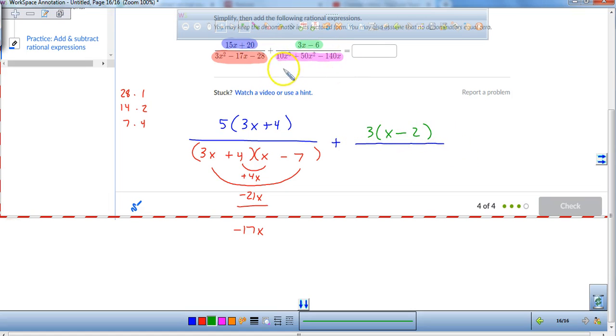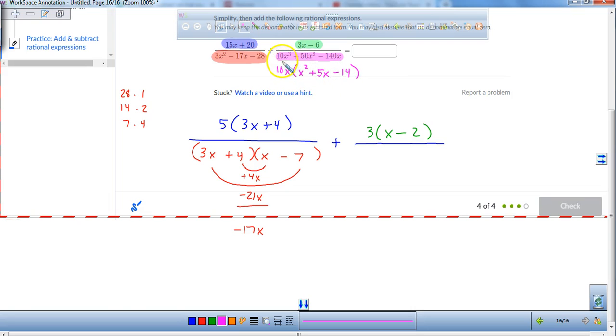And on this one, we are going to divide everything by 10 and an x. So here's what I'm going to do real quick. I'm going to put a 10 and an x. And this is going to leave x squared plus 5x minus 14.